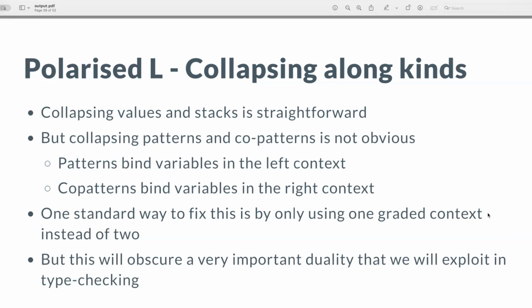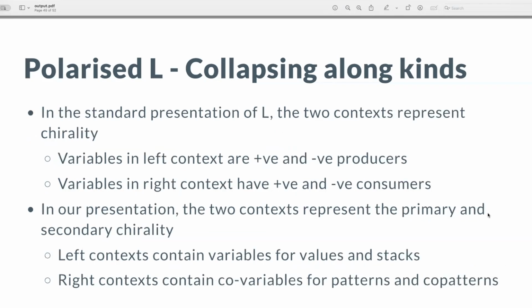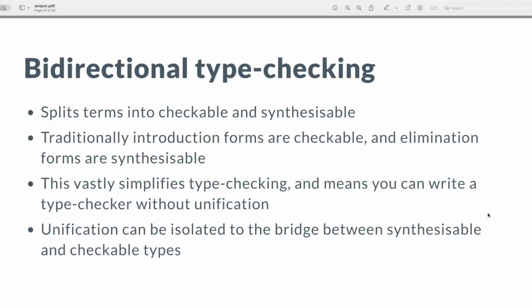Just to reiterate, in the standard presentation of System L, the left context has both positive and negative producer variables, and the right context has the consumer variables. In my presentation, the left context has values and stacks, so positive and negative primitives, and the right context has patterns and co-patterns. And this will be very nice once I introduce bidirectional type checking.